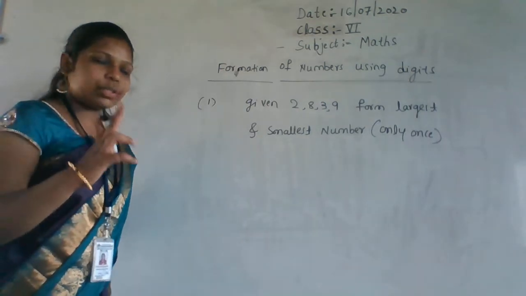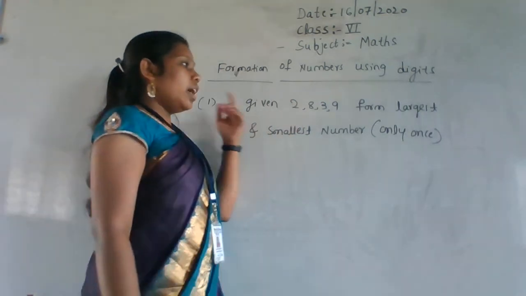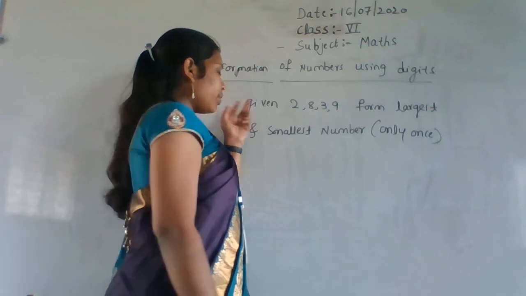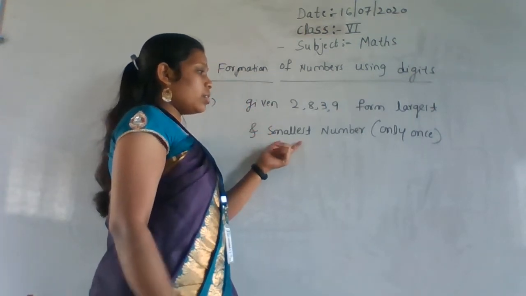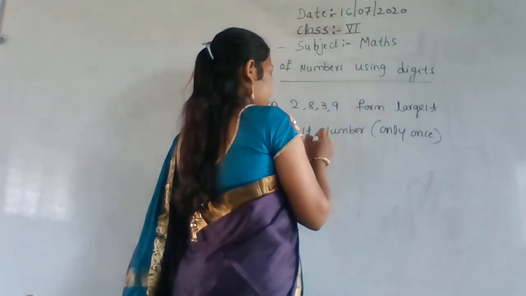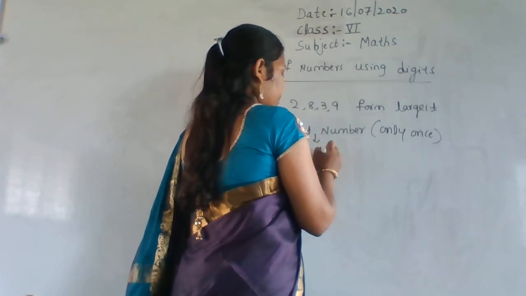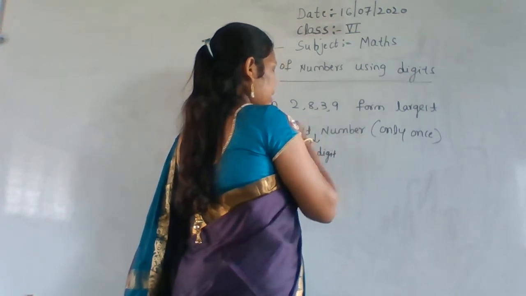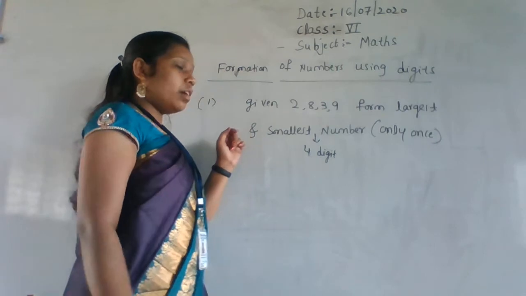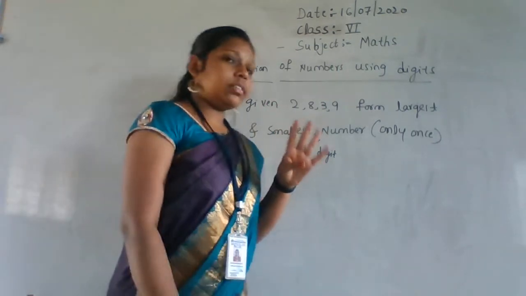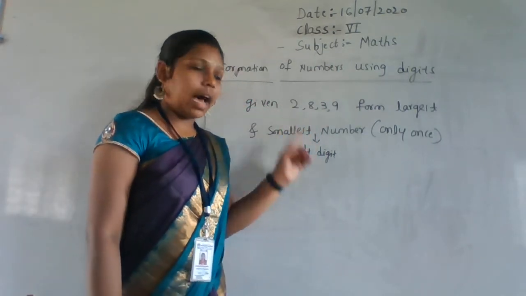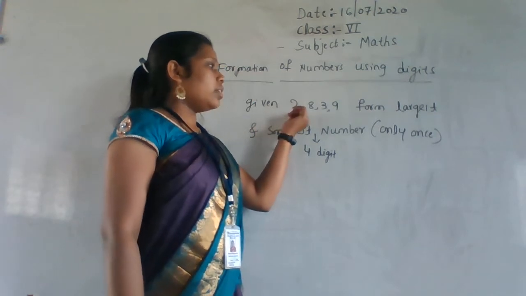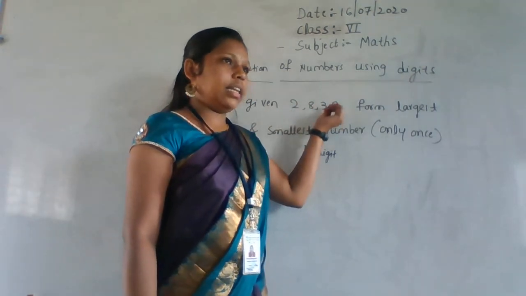Only once you have to use these numbers, and you have to form the largest and smallest 4-digit number. See here. 4 digit, because they gave here 4 numbers, right? So form a 4-digit smallest as well as the largest number using the numbers 2, 8, 3, 9.